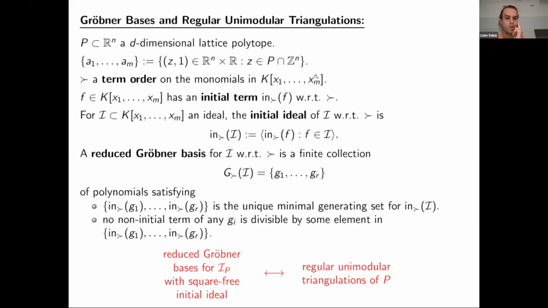And we're going to work in a polynomial ring where we have, again, one indeterminate for every one of our lattice points. But now we're also going to consider a term order, denoted by this little squiggle here, on our monomials in this ring. You can think of this as just being a fancy total order of our monomials with some nice additional properties.